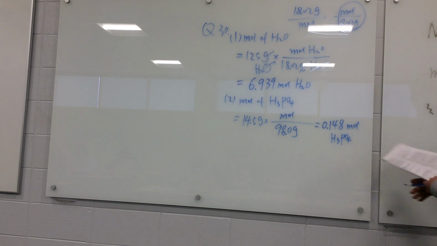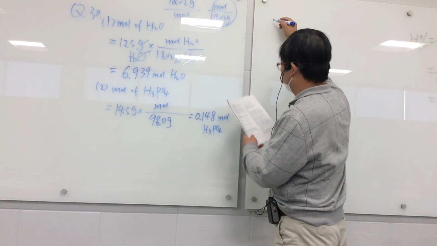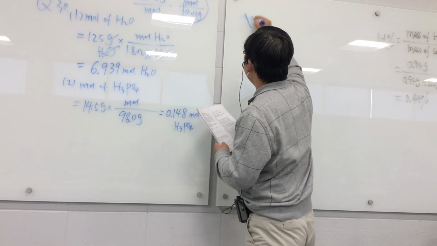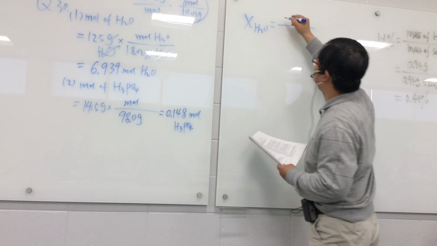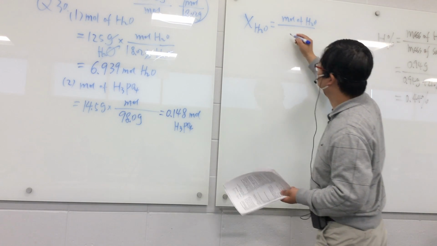Then we can calculate the mole fraction. The mole fraction of water, or we can simply put X water, equals what? Mole of water divided by total moles, right?